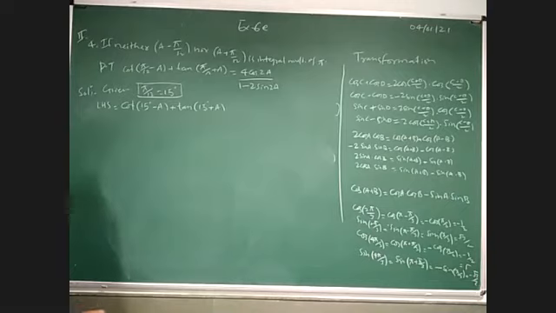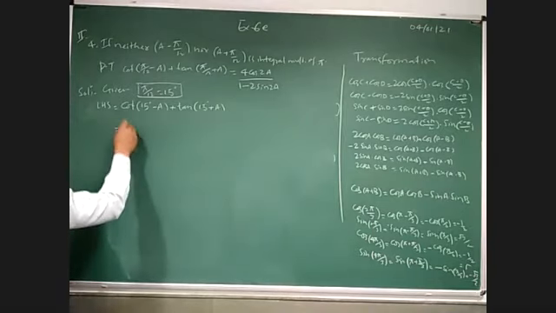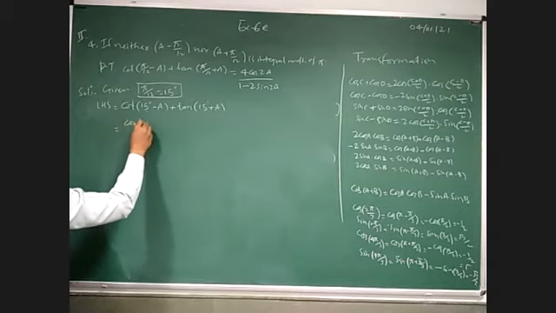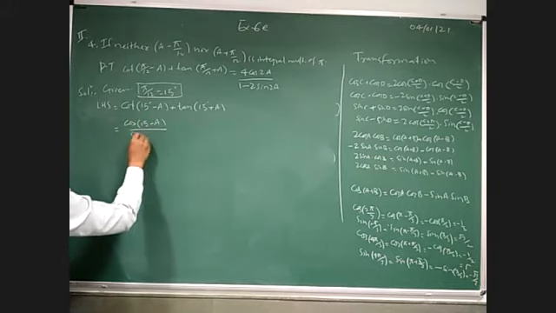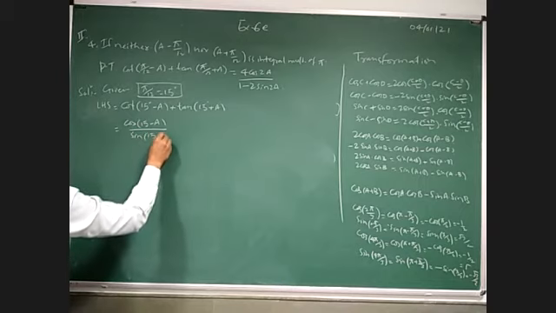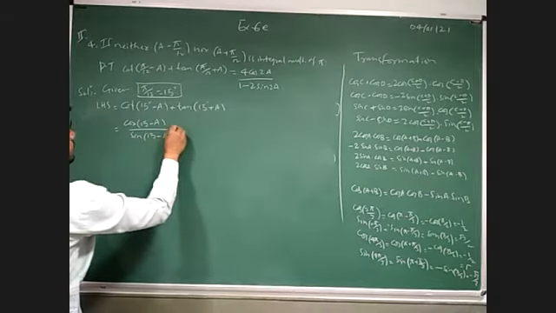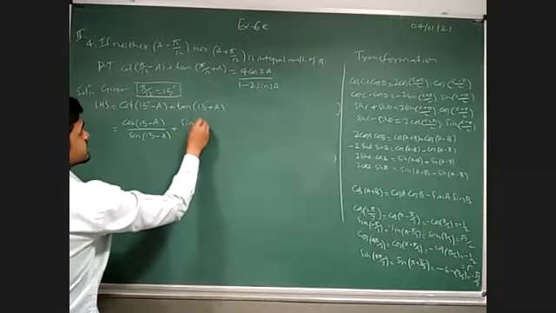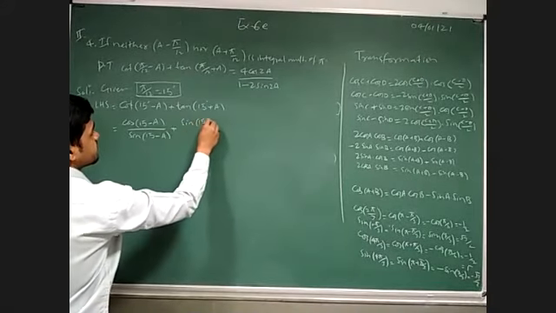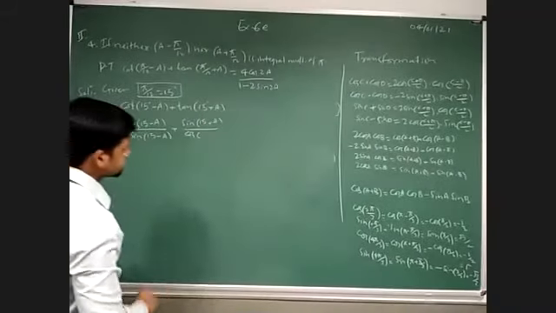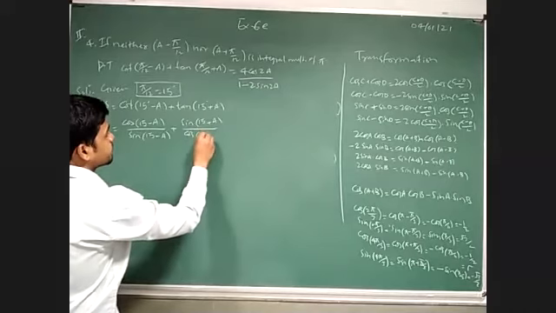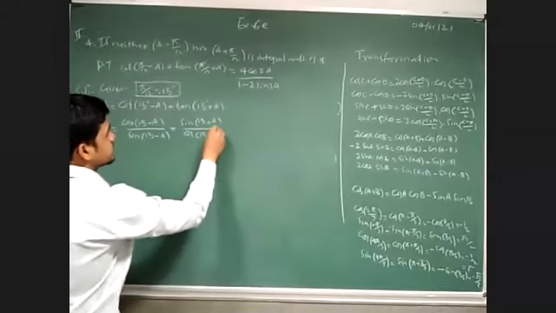Now see here, cot is nothing but cos by sine, so cos(15 minus a) by sin(15 minus a), and tan is nothing but sine by cos, so plus sin(15 plus a) by cos(15 plus a).